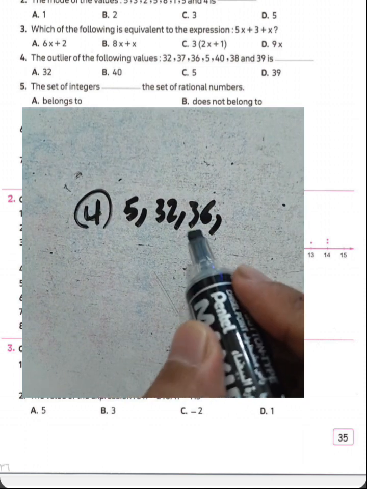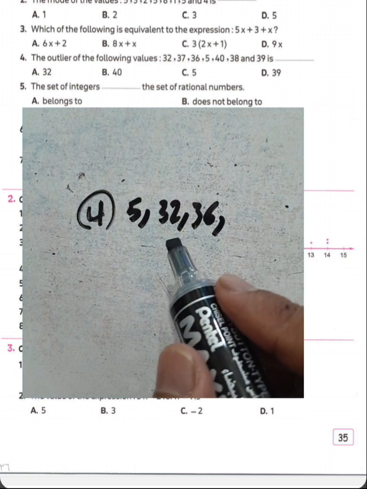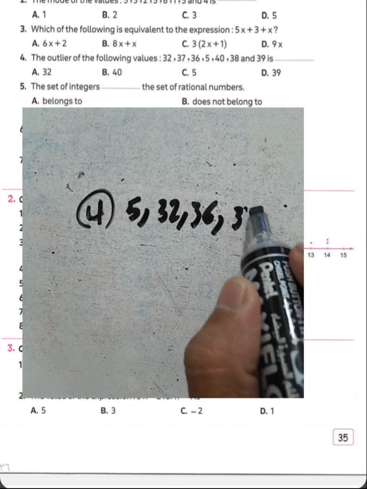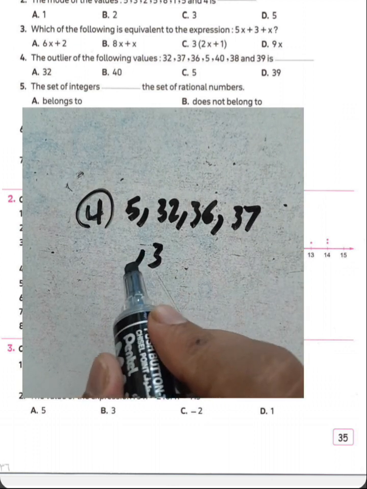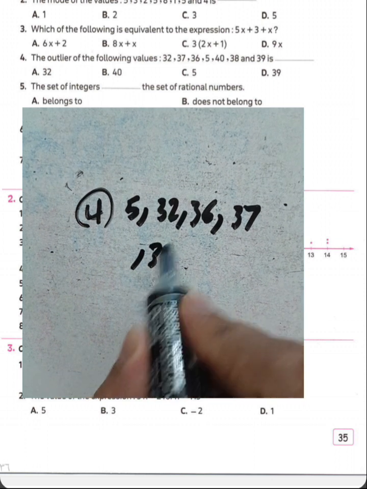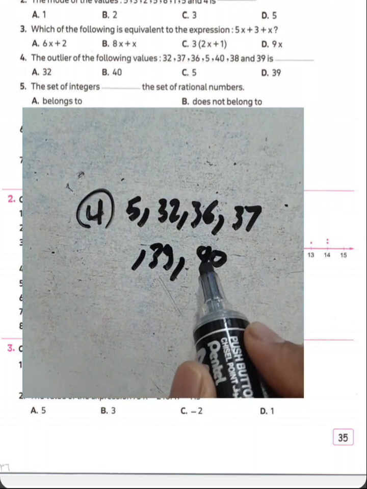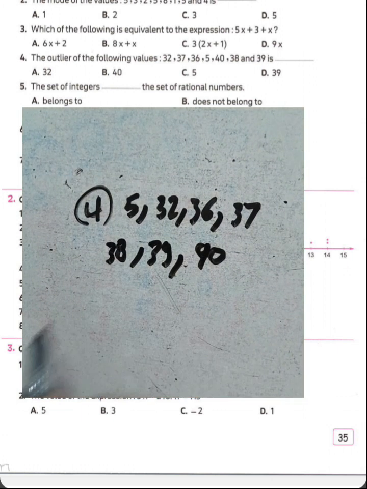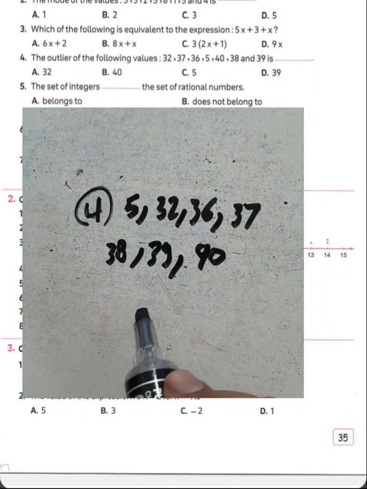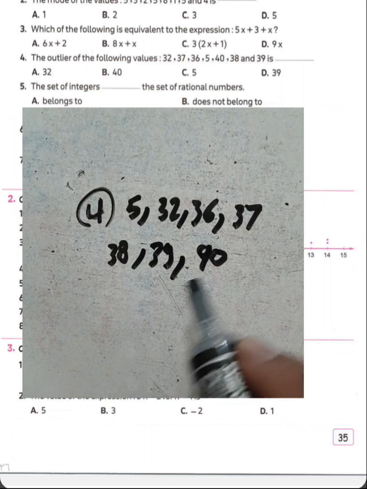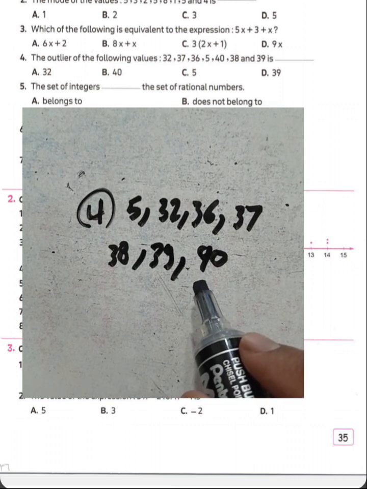We have 5, 32, 36, 37, 38, 39, 40, and then the least number here is 5.